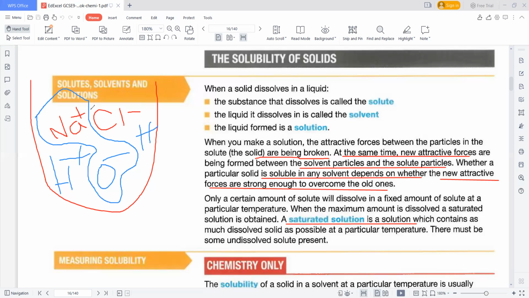You can see that older bonds are broken and newer bonds are created. The new forces of attraction are stronger than the older ones, and that is how this attraction is made possible and they get attracted towards each other.